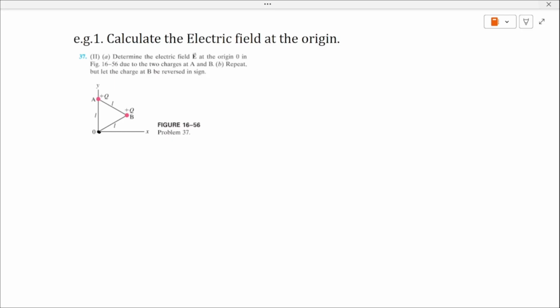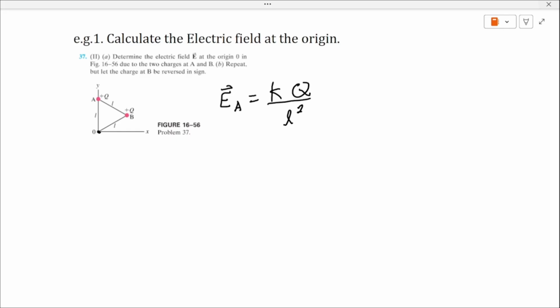So the electric field due to charge A equals K times the magnitude of the charge over the distance squared. And it's going to be directed from the source charge to our point.